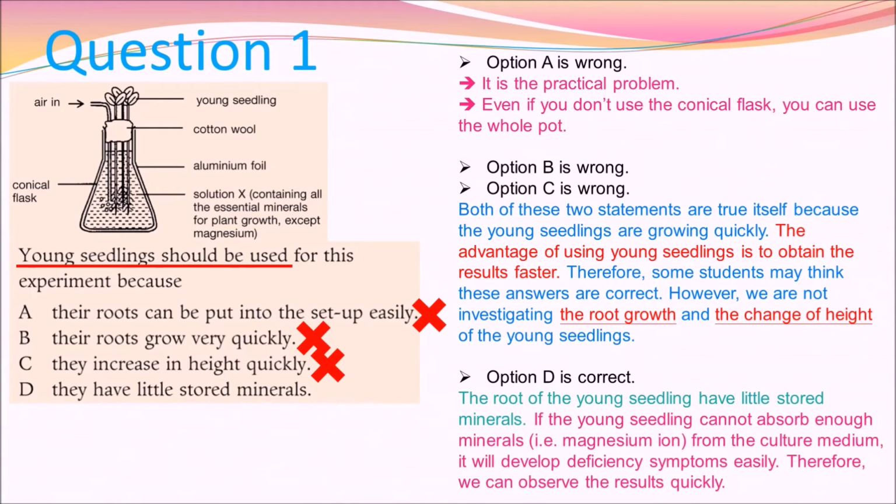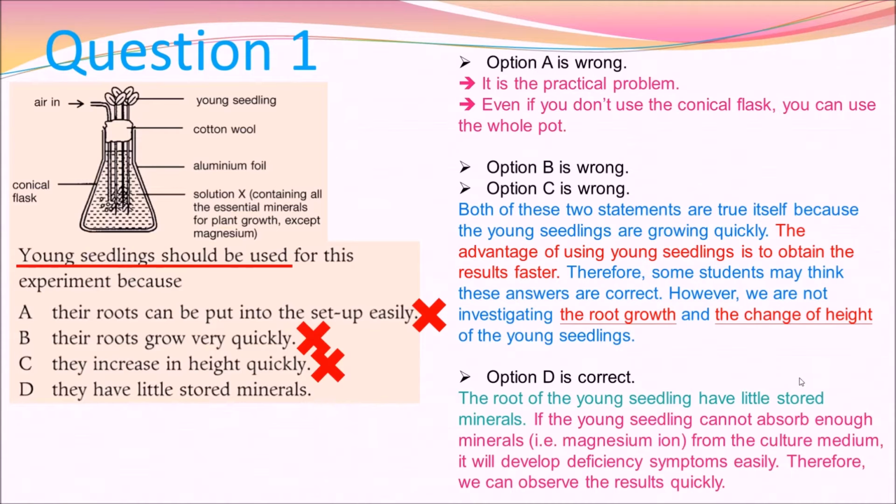And then option D, of course, is correct. The reason for us to pick young seedlings is that they have little stored minerals. The roots of the young seedlings have little stored mineral. It's just like the case for all young organisms, young mouse, young baby.